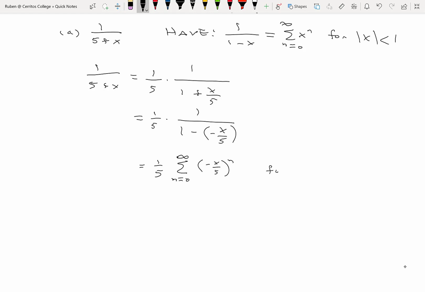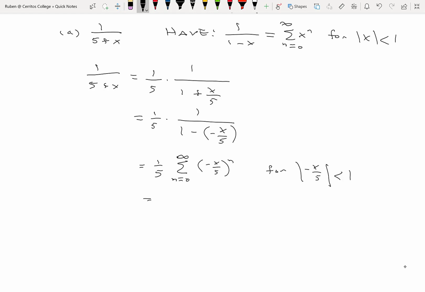This power series converges for the absolute value, since I'm replacing x with negative x over 5, so it's for the absolute value of x over 5 less than 1. Then simplify this new power series to look like a power series in powers of x.